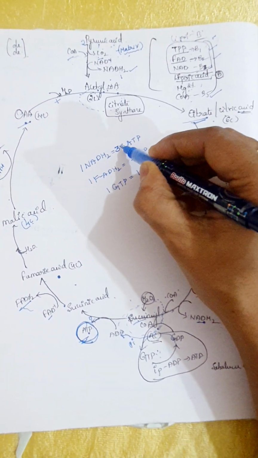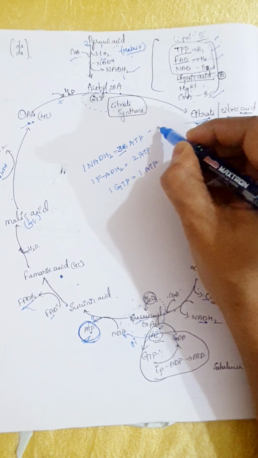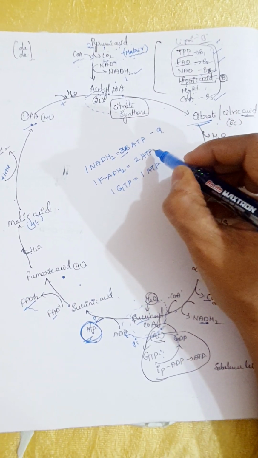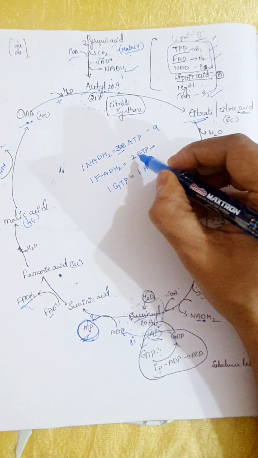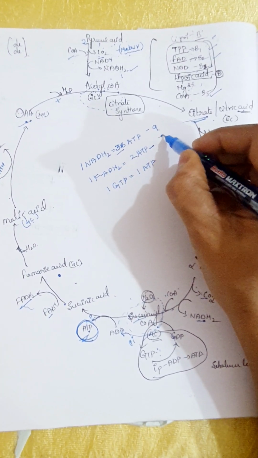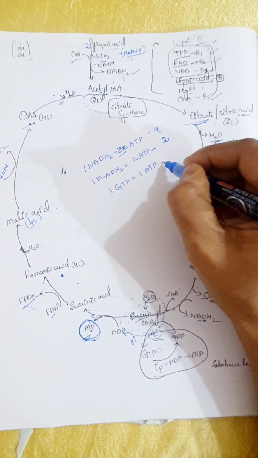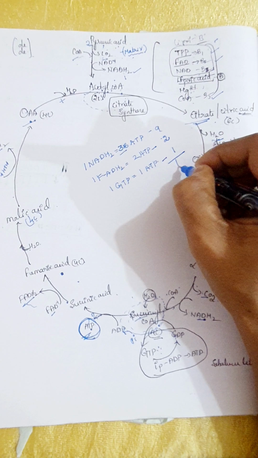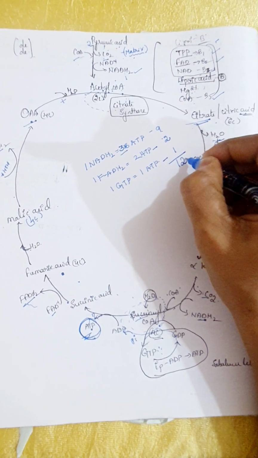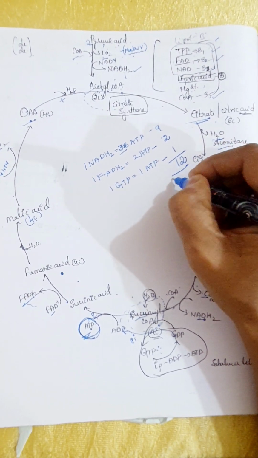That means 3 into 3, 9. 9 ATP can be produced when entering the ETS. Then 1 FADH2 is equal to 2 ATP. Then there is 1 ATP produced directly. Now the total number of ATP in the Krebs cycle is 12.